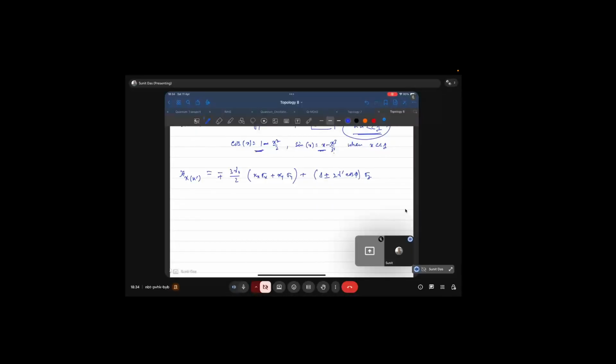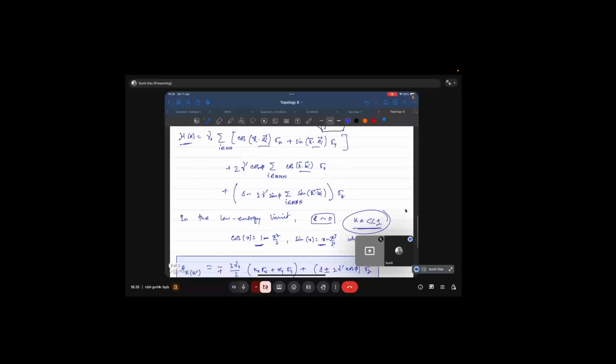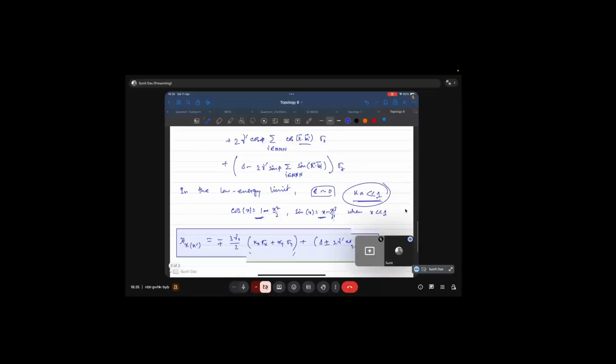Okay, so this is the low energy Hamiltonian. This is very interesting and important because then we can do exact calculation of Berry curvature and so on. Whereas in the tight binding calculation, you cannot do things analytically. It's a very complicated cosine function and sine function, right?